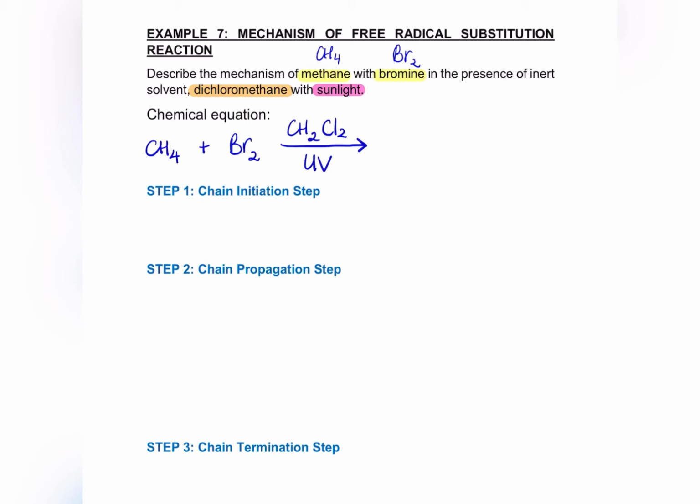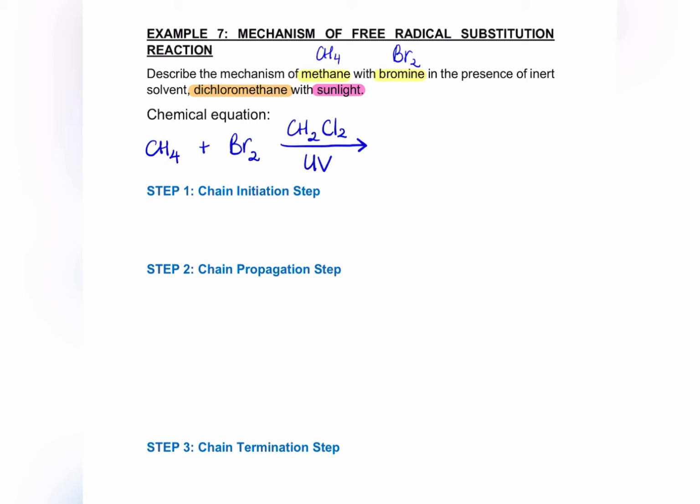Next, I'm going to show the products. We know this is a free radical substitution reaction where one bromine atom from this Br2 molecule will replace one hydrogen from the alkane. So I'm going to take out one hydrogen from here to replace with one Br atom.